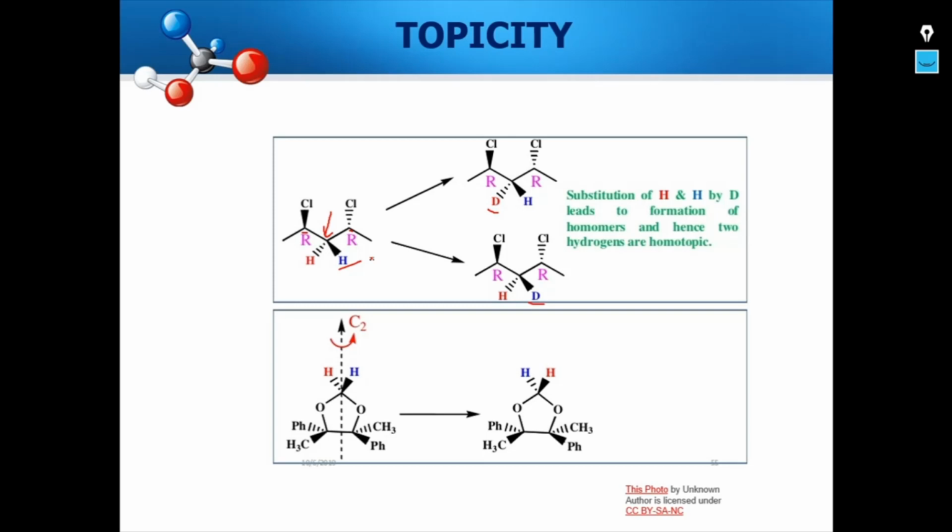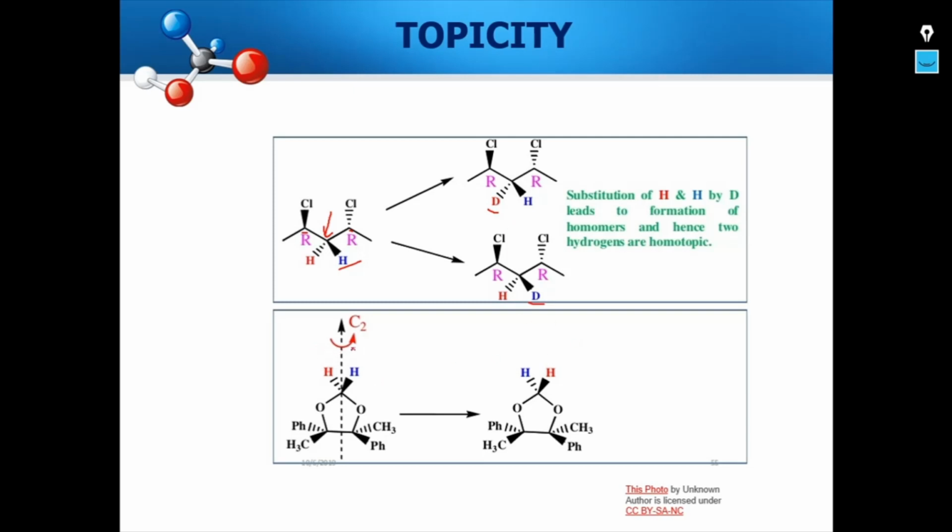If you identified these two hydrogens as enantiotopic, to my surprise, it's wrong. They are not enantiotopic, because when you replace these two hydrogens you're going to end up with the same molecule, and therefore these two hydrogens are homotopic in nature because they have an axis of symmetry.